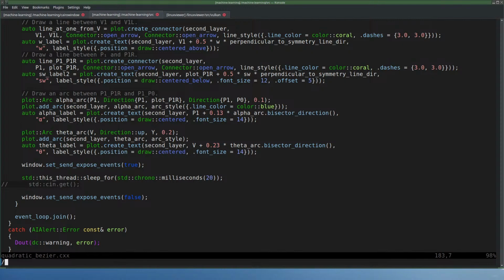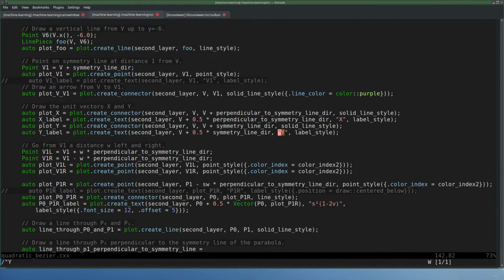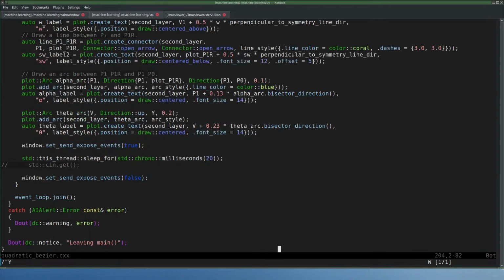Sure, I gave it a label Y, but apparently I didn't call it Y. Plot Y is from V to... No, we don't have it. It's a symmetry line there, that's why. Symmetry line direction.